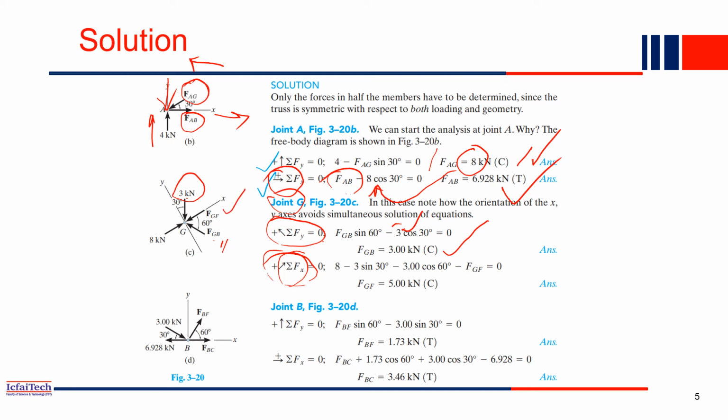What are the components acting horizontally? 8, so that's why 8 is there, and the 3 kilonewton horizontal component will be 3 sin theta, FG is there, and FGB also has a horizontal component, which will be FGB into cos theta. Then substitute the FGB value and you will get FGF as 5 kilonewton.